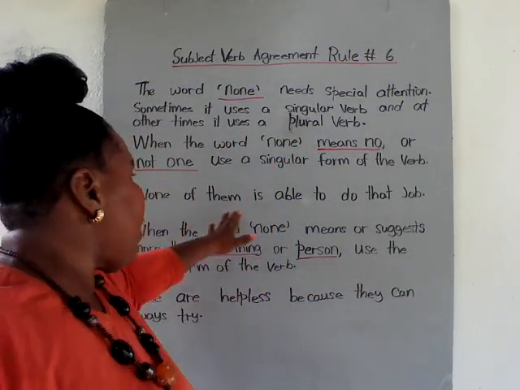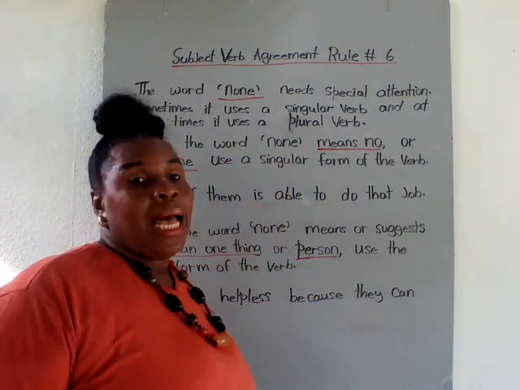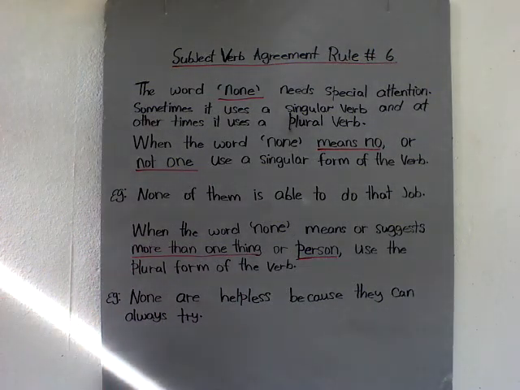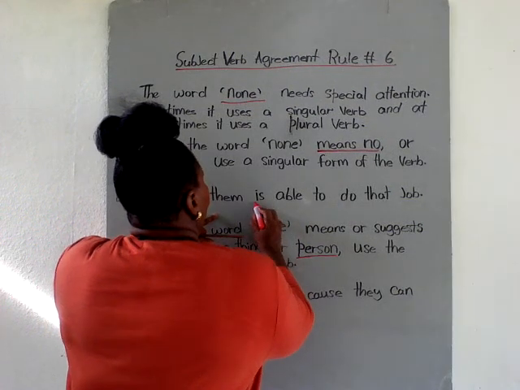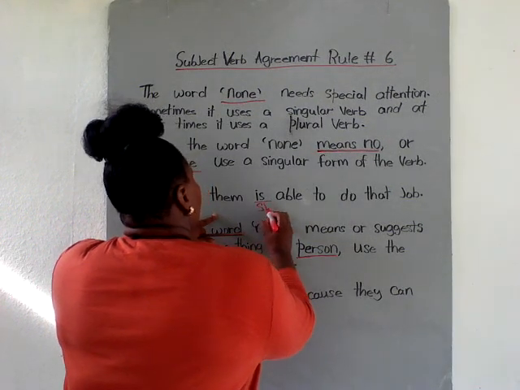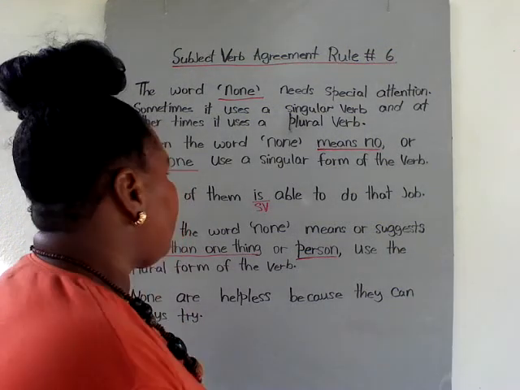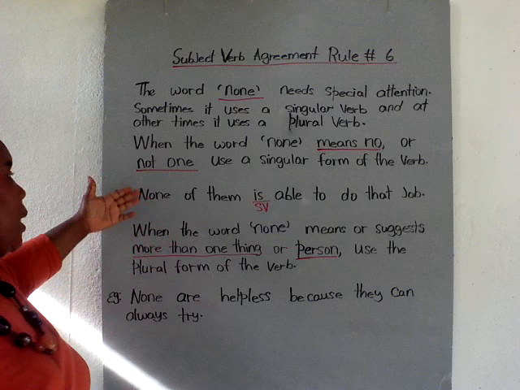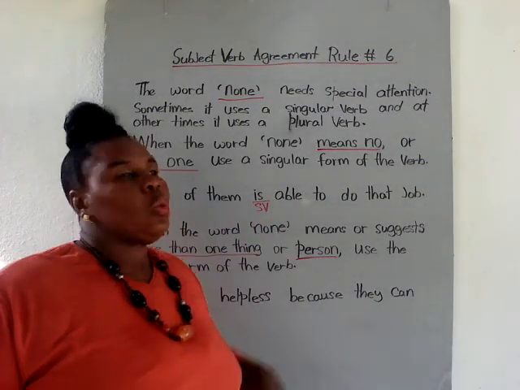Here, is is the singular form of the verb. Singular verb, so that's what the SV is for. So none of them, which still means not one of them, is able to do that job.